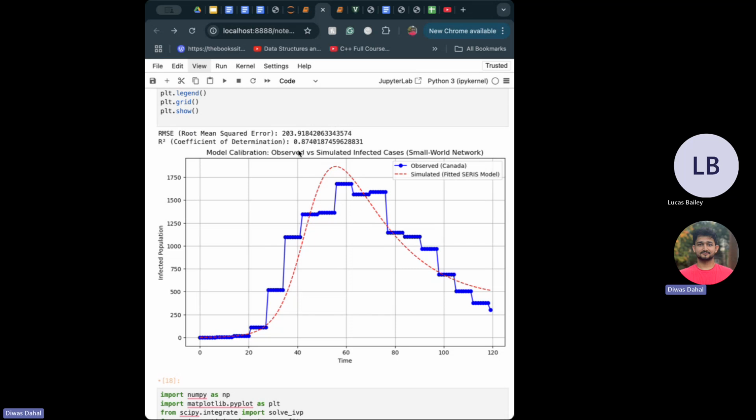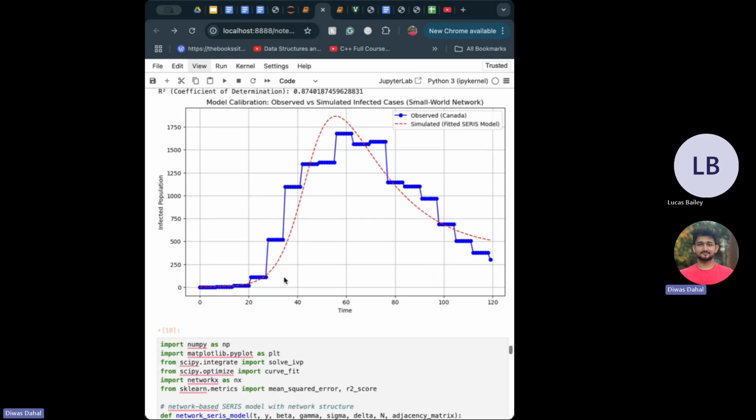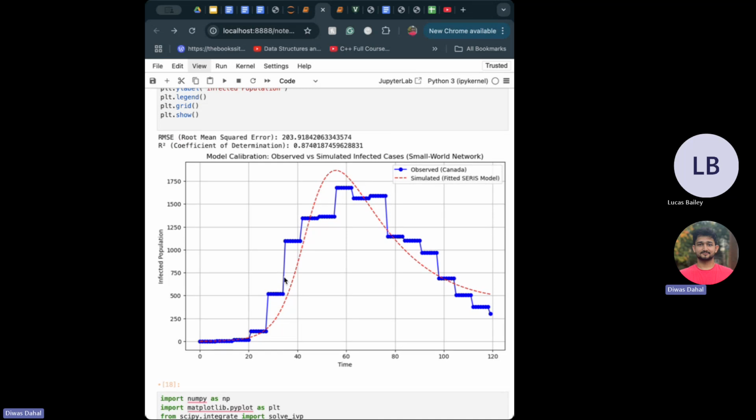Specifically, seeing this 87% coefficient with the SEIRS model.